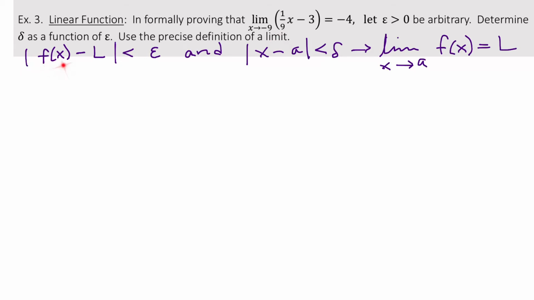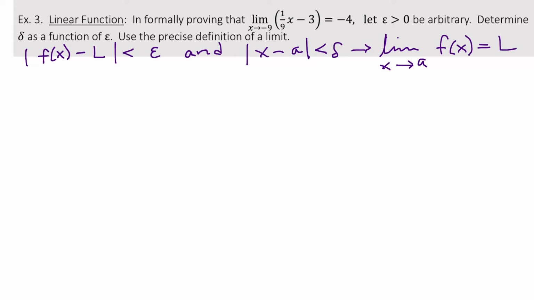All right, here it is. The distance between f of x and L is less than epsilon, and the distance between x and a is less than delta implies that the limit as x approaches a of f of x is equal to L. So we're going to start out the same, but since we don't have a value of epsilon, we're not going to be able to do the same approach on this problem here.